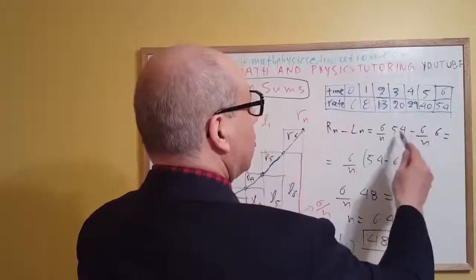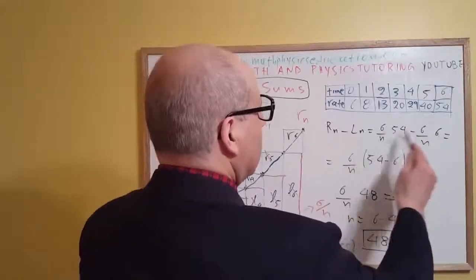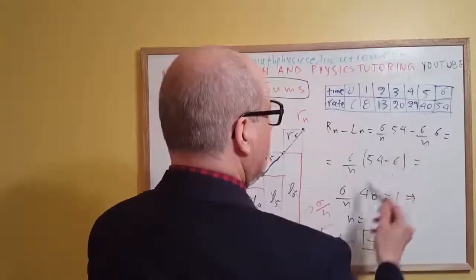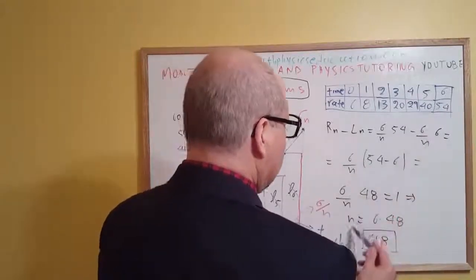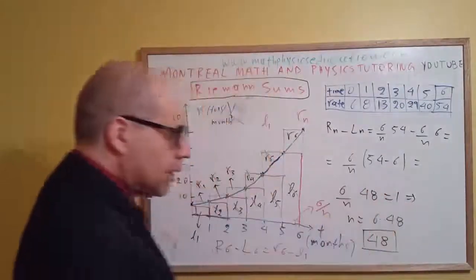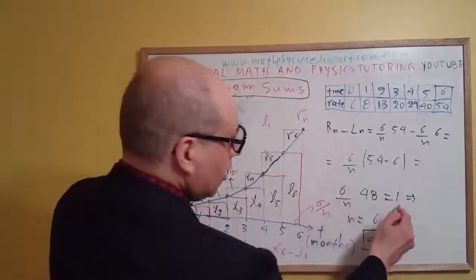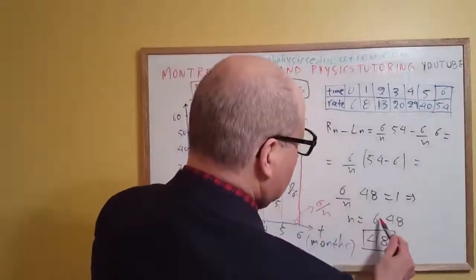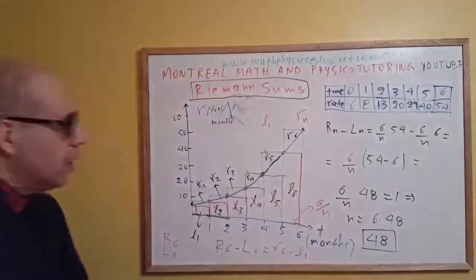If you take now 6 over n as a common factor, what do you have inside? You have 54 minus 6, which is of course 48. So that means we need this to be equal to exactly 1 ton. So it's this equation here. If you solve for n, you find that n is equal to 6 times 48.